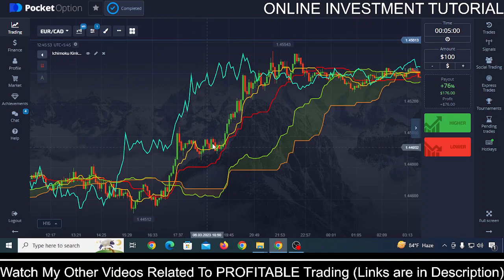Whenever there is an uptrend, this yellow line is going to be above this red line, and you need to find the point where these lines are doing a crossover. Firstly you need to understand this line should be far from the current price, and the market should be above this cloud. That is going to show us a proper uptrend.